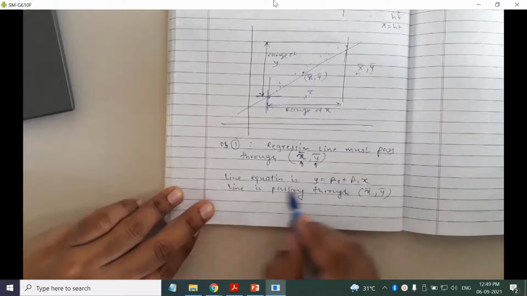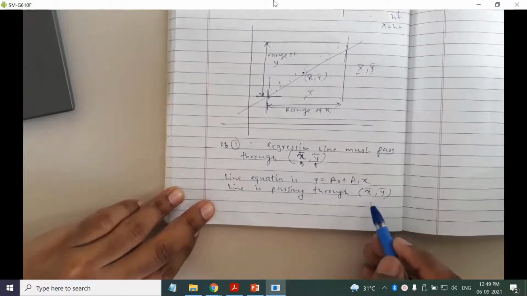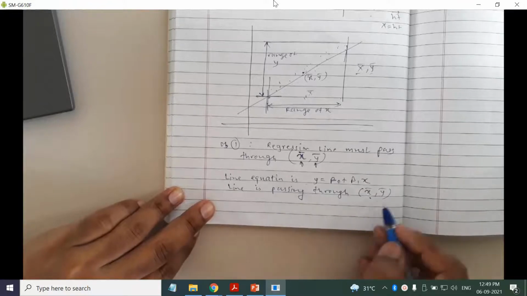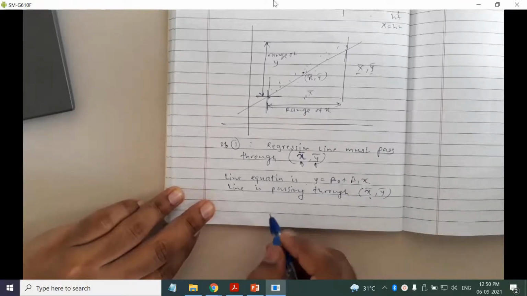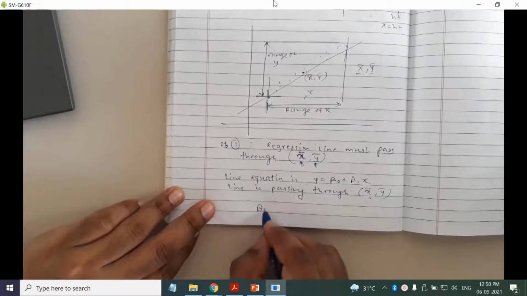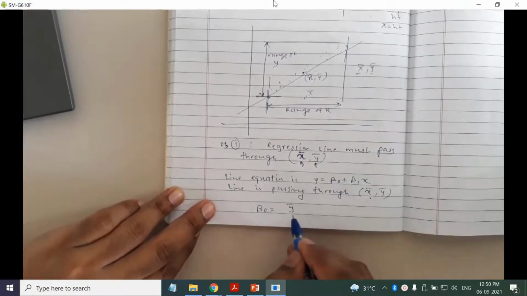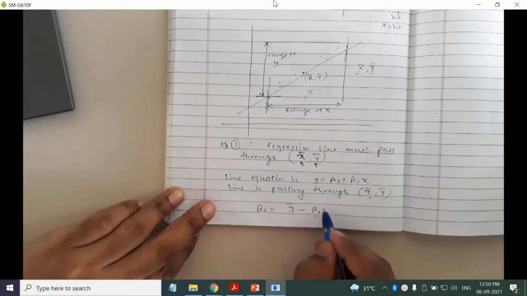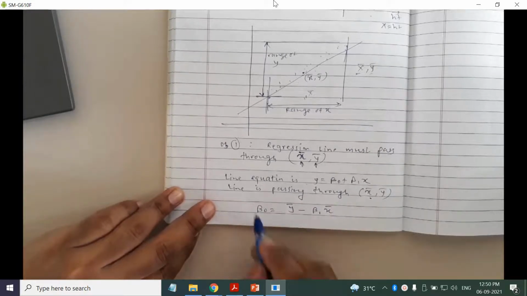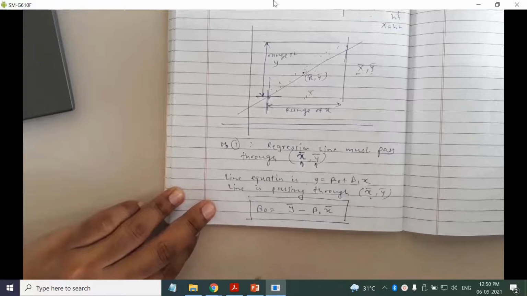So this line equation must be satisfied by this point. If I put these values in this equation, I can get the value of beta 0. Beta 0 equals y bar minus beta 1 x bar. So this is the formula of beta 0.